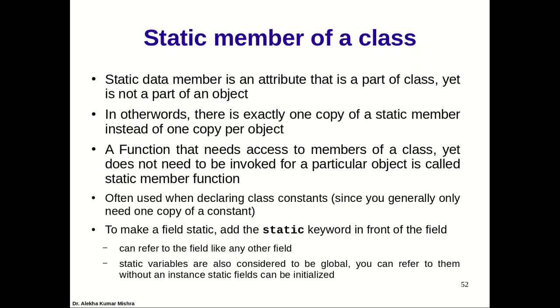When it comes to a static data member, let's say for a student class I define a static member called strength. Strength will not have any value for a particular object.